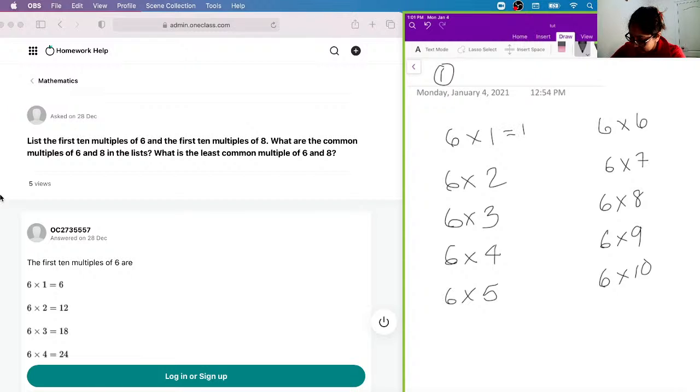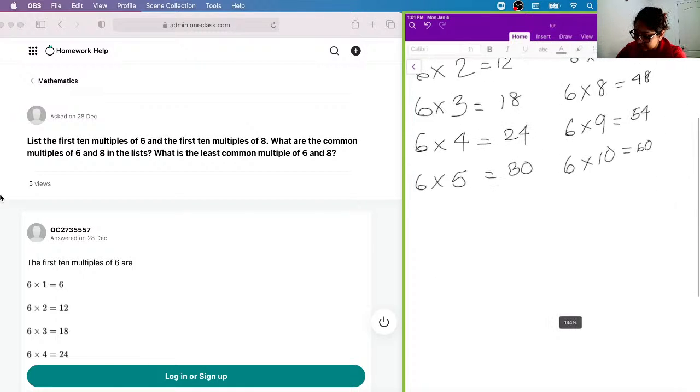So this is 6, 12, 18, 24, 30, 36, 42, 48, 54, and 60, right? So these are your first 10 multiples of 6.